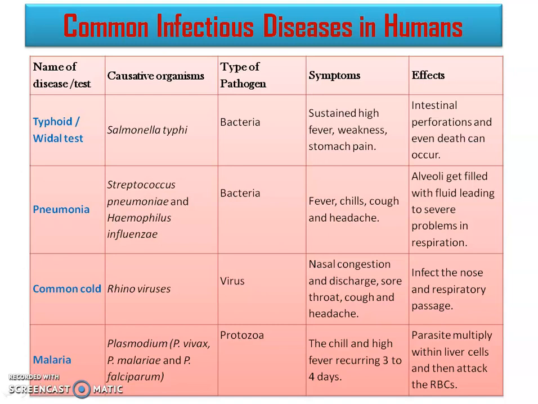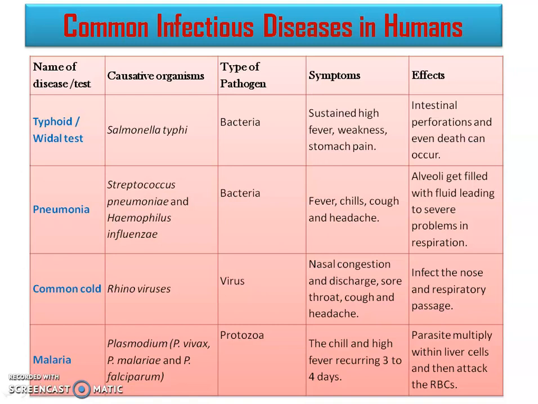Next is again a bacterial disease termed pneumonia, which is caused by two types of bacteria named Streptococcus pneumoniae and Haemophilus influenzae. The symptoms are fever along with shivering or chills in the body. Also, cough and headache are there.